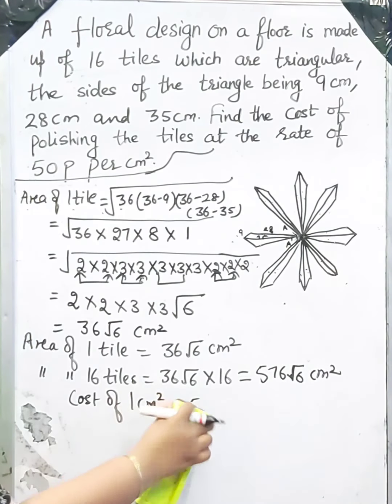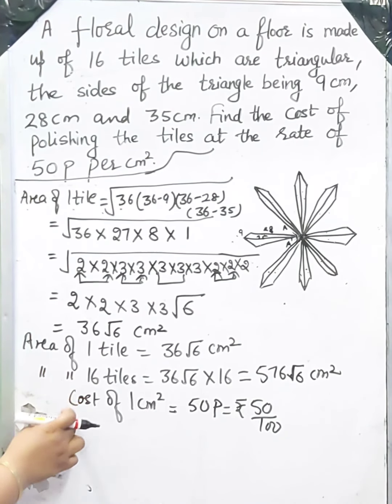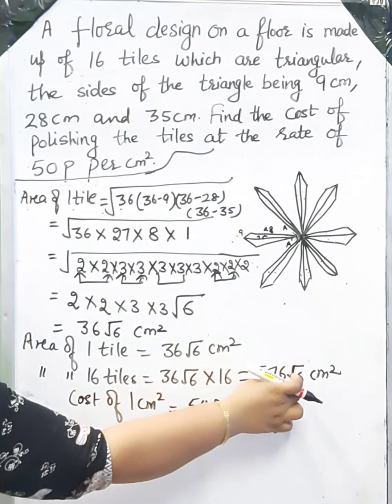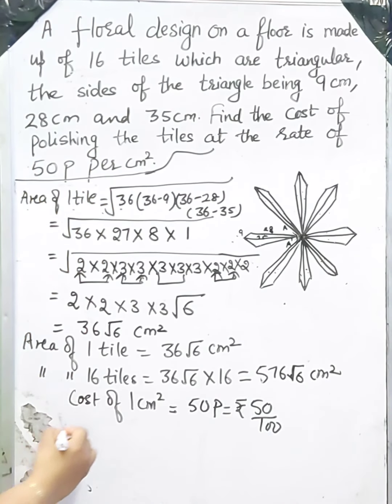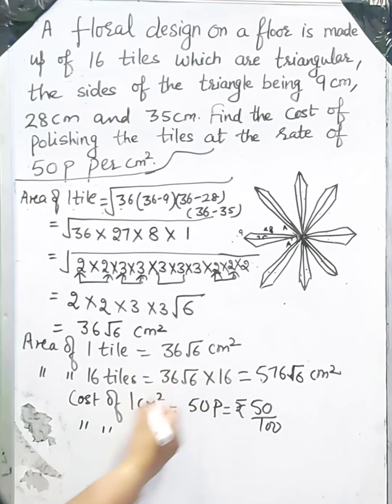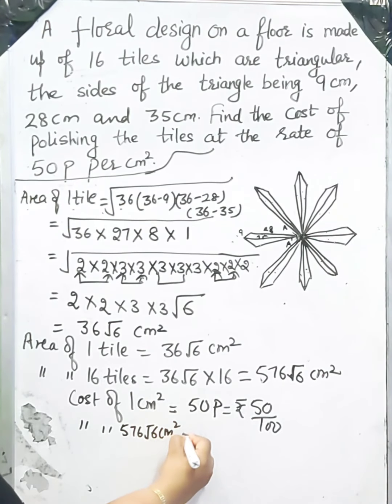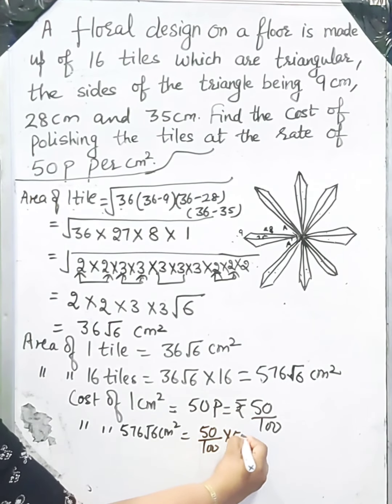We have to find the cost of 16 tiles for polishing. Therefore cost of 576 under root 6 centimeter square equal to 50 by 100 into 576 under root 6.